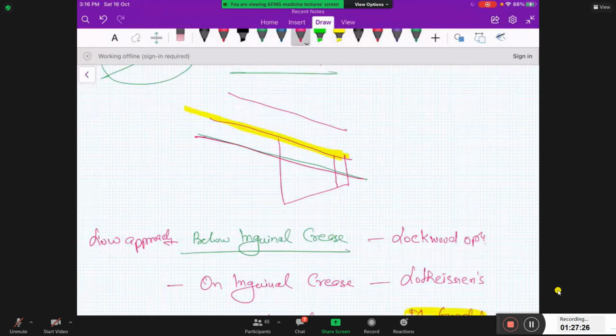Now, they can ask you a question like this. A surgeon is doing a repair for inguinal hernia. On exploration for an obstructed inguinal hernia, the bowel is found to be gangrenous.